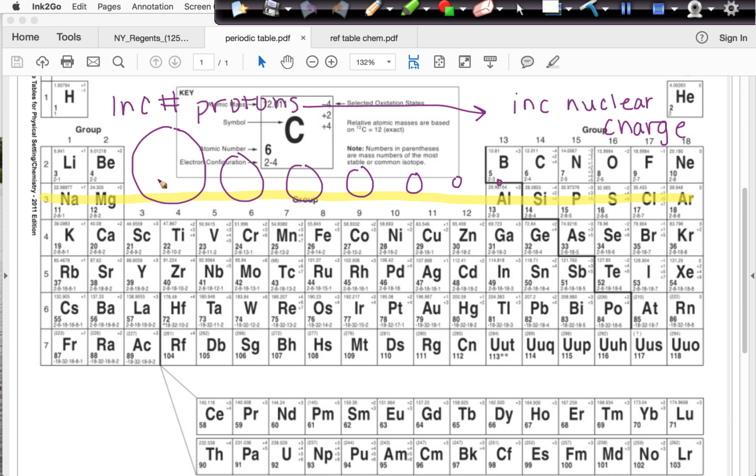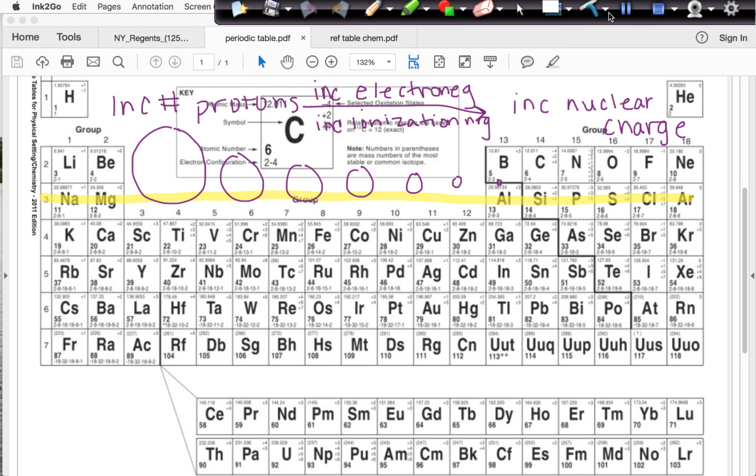And by having a stronger pull or a better hold on the electrons, we're also increasing the electronegativity, which means that they're holding on to them more tightly. And we're increasing the ionization energy, which means that it starts to take more energy to remove those most loosely held valence electrons.